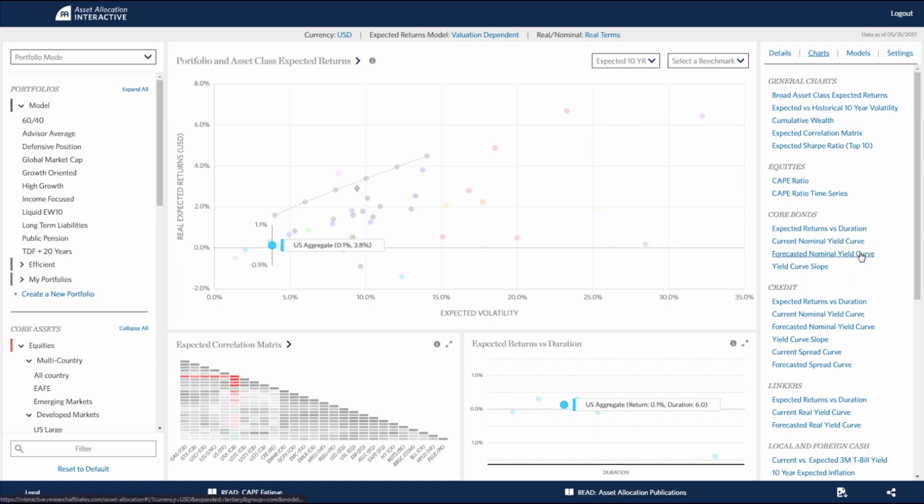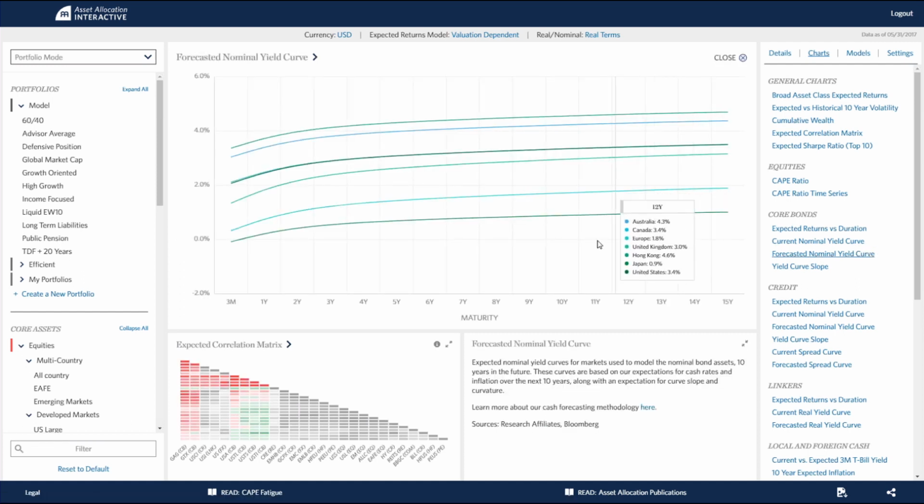So if I just go to our forecasted nominal yield curve, we can see that, and I'll just use the 10-year tenor here. Our expectation for the 10-year yield in 10 years is 3.3%. Currently, it's about 2.1, 2.2, depending on the day. So a rise of over 1%, pushing that 80 basis point loss.